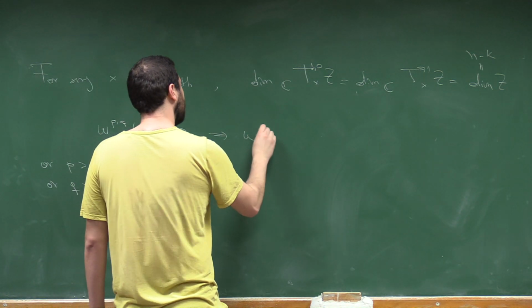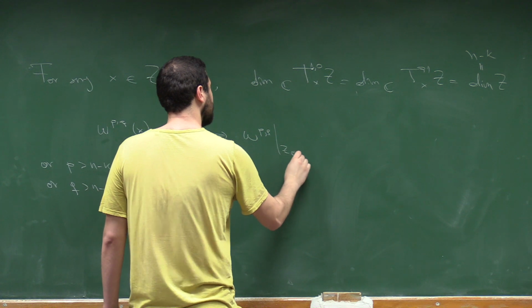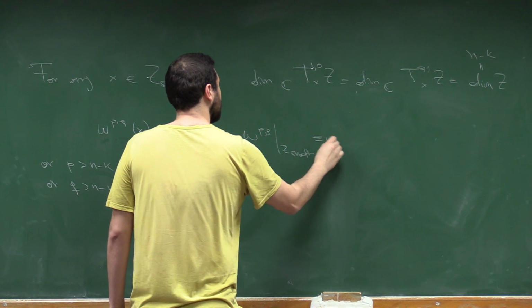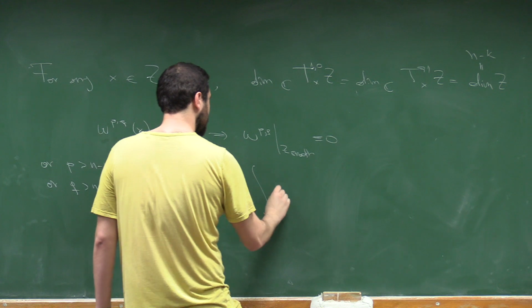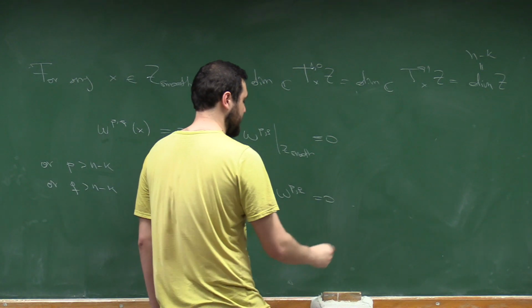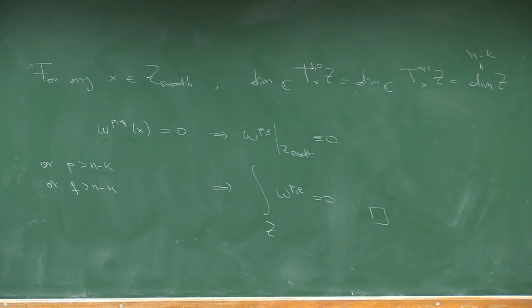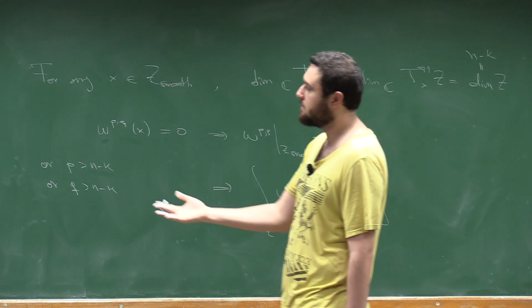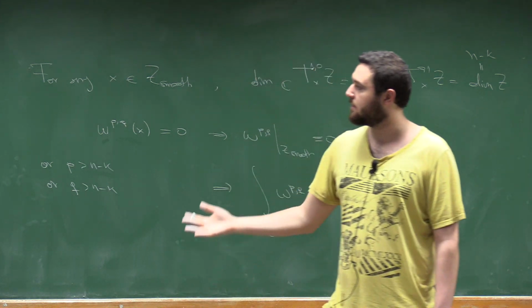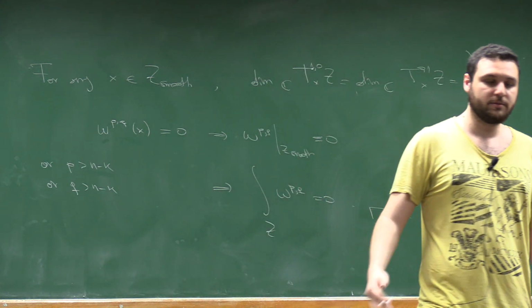So omega pq restricted to Z smooth is identically 0, and so this integral is 0. So every algebraic cycle is Hodge. And obviously, if that's true for an integral algebraic cycle, it will also be true for a rational algebraic cycle, with integer or rational coefficients.